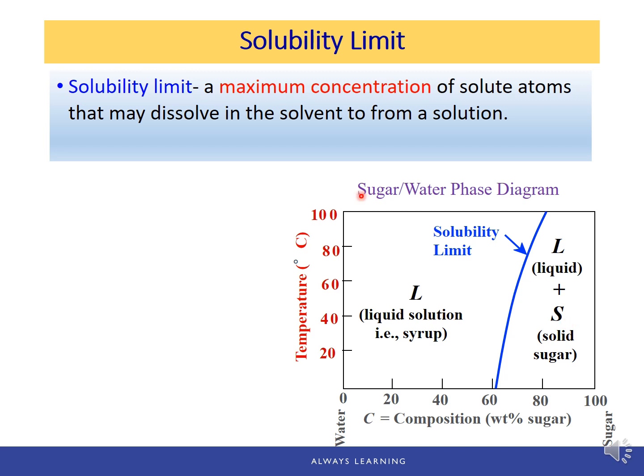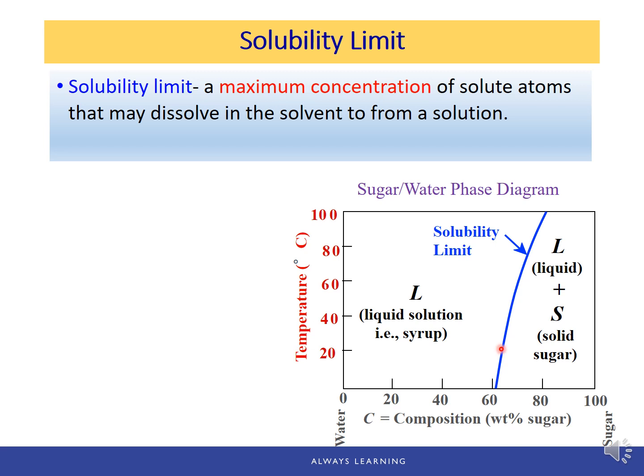For example, in the sugar-water system, initially as sugar is added to water, let's say at room temperature at 20 degrees Celsius, a sugar-water solution or syrup is formed. As more sugar is introduced, the solution becomes more concentrated until the solubility limit is reached, or the solution becomes saturated with sugar.